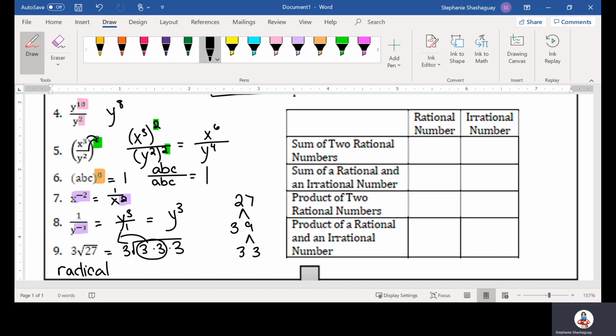I can pull out 2 and it's going to become 1. So that becomes 3 times 3, and I'm left with this 3 underneath the radical. So 3 times 3 is equal to 9, so I have 9 square root 3 as my final answer for number 9.